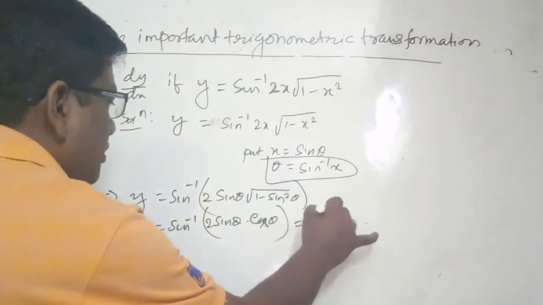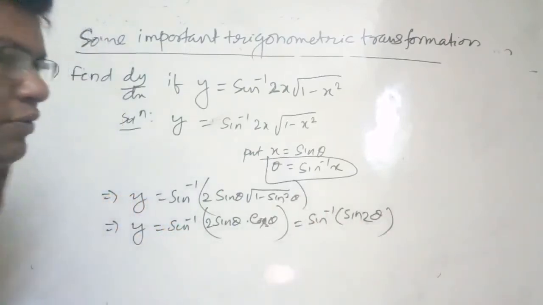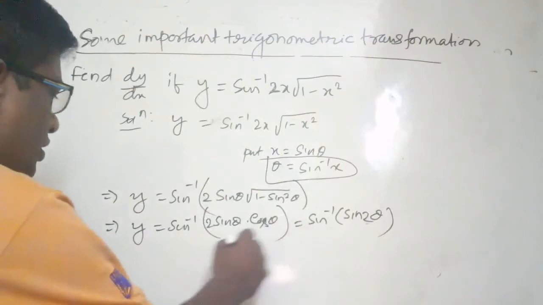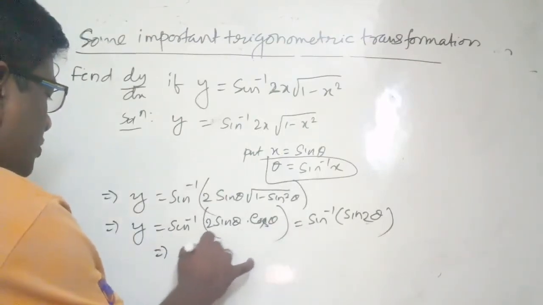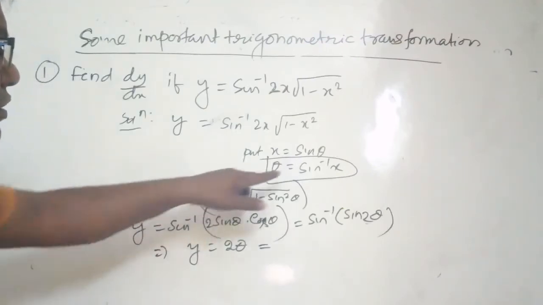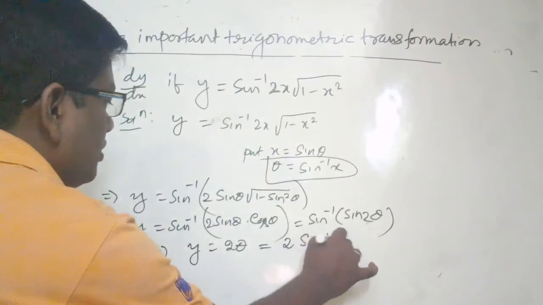So sin inverse sin 2 theta. We know from inverse trigonometric functions sin inverse of sin x is equal to x. So here y is equal to 2 theta. But theta is sin inverse x, so this is equal to 2 sin inverse x.